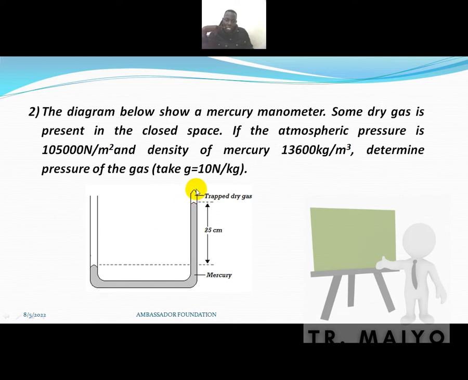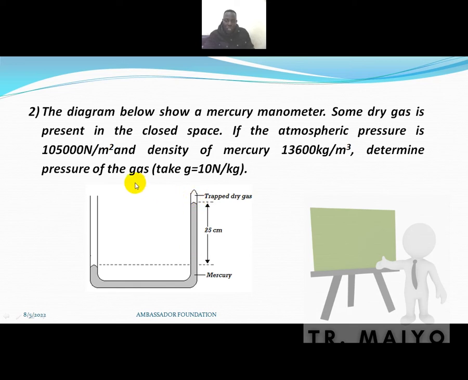Now, this side is closed, so atmospheric pressure will not act on this side. The side which is open, this part, is where atmospheric pressure will be acting downwards, pushing the liquid to rise upward by a height of 25 centimeters. And we have been given the atmospheric pressure. So this atmospheric pressure should be equal to rho GH plus the pressure of the gas.